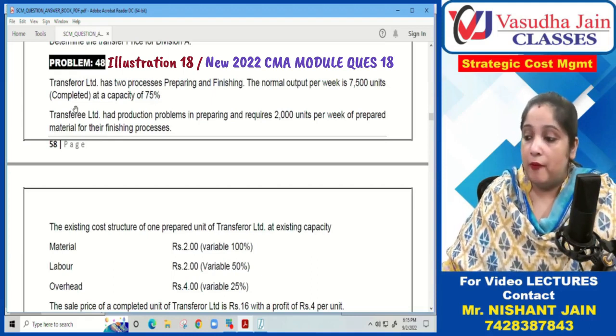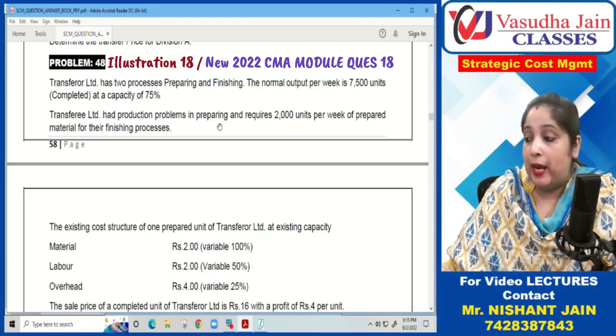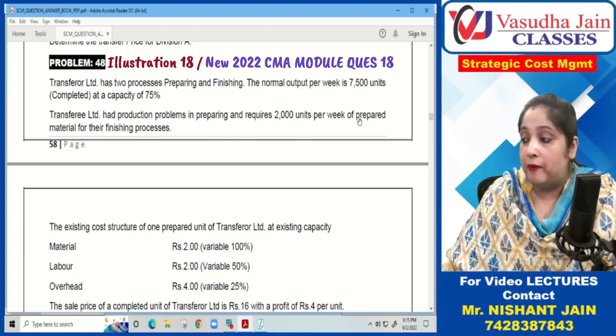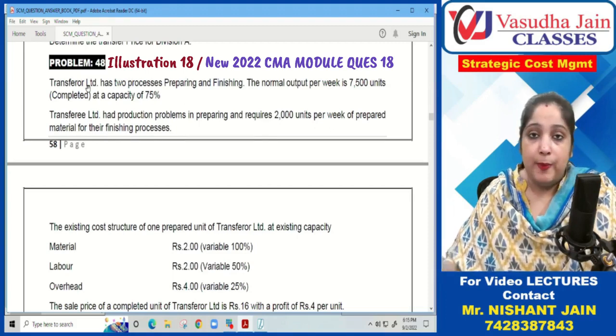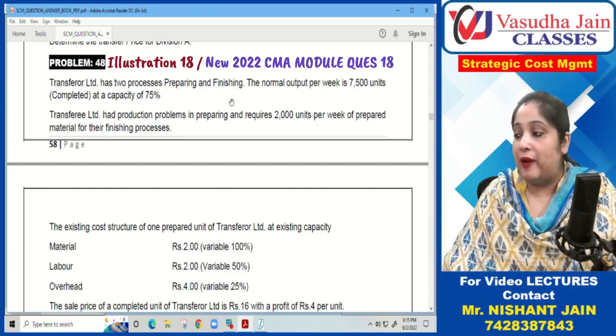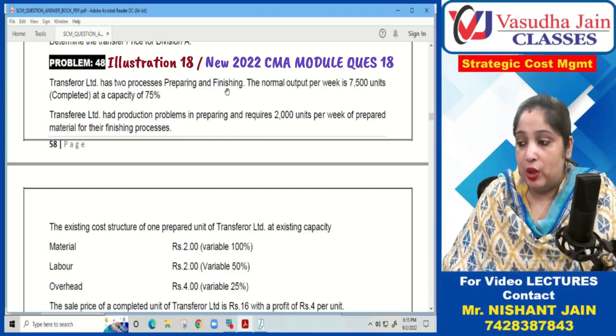Okay. Further, Transferee Limited has production problems in preparing and requires 2,000 units per week of prepared material for their finishing process. So one department is able to manufacture 7,500 units per week, both preparing work and finishing work.